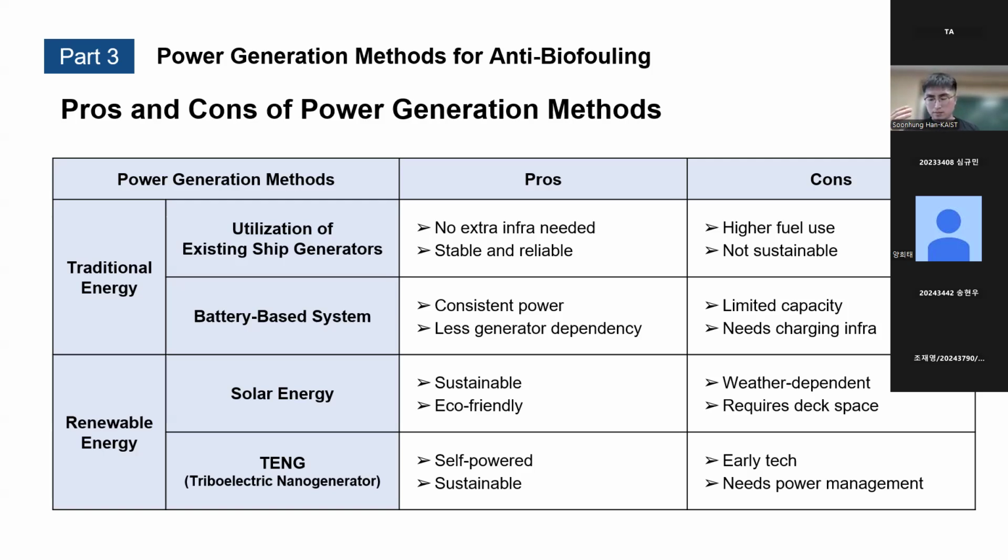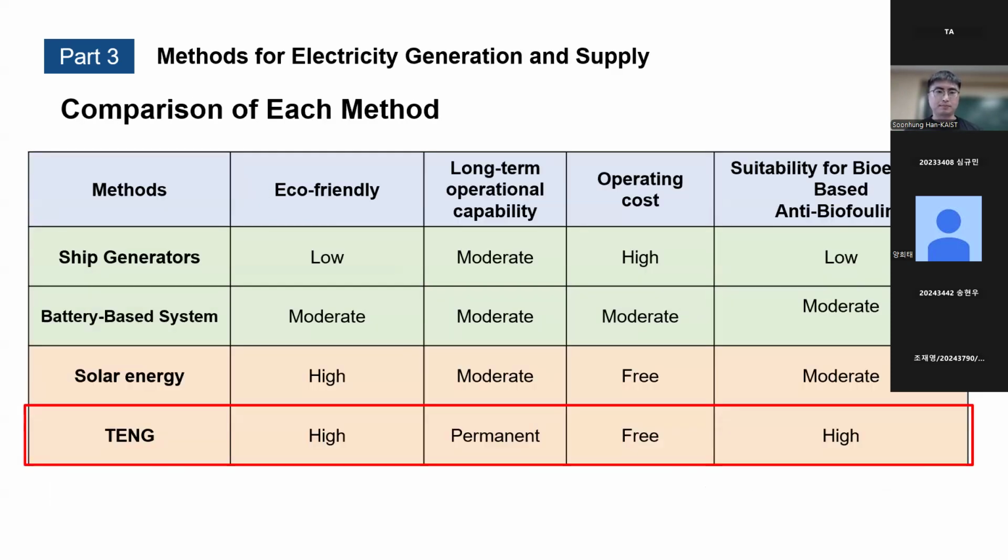A TENG generates micro energy by harvesting vibration emission, for example ship engine or wave energy, to produce electricity. TENG is self-powered and sustainable, but the cons are early-stage tech and the need for power management.